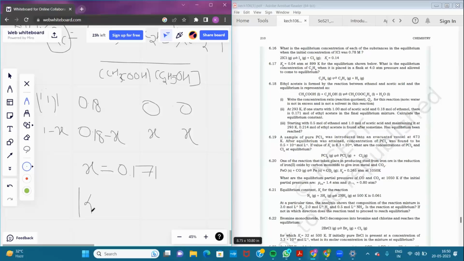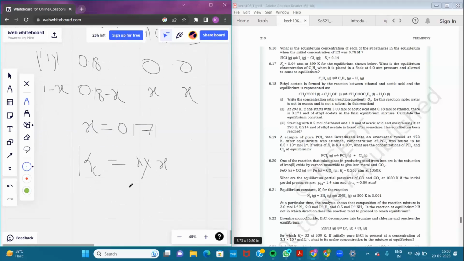The equilibrium constant would be Kc equals X into X, divided by 1 minus X into 0.18 minus X. Substitute the values.